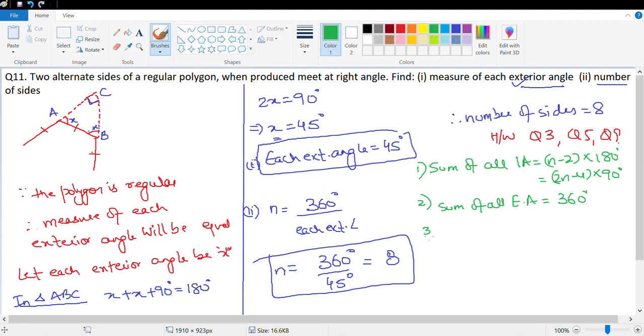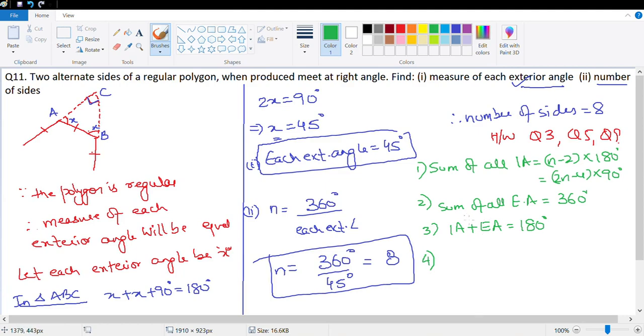And the third was interior angle plus exterior angle. One interior angle plus one exterior angle will always be equal to 180 degree because they form a linear pair. Next is for regular polygon.